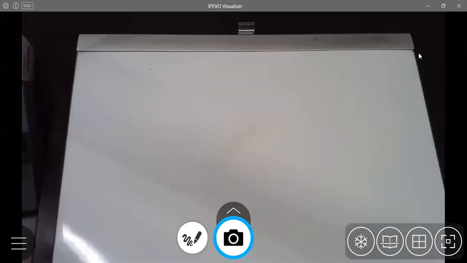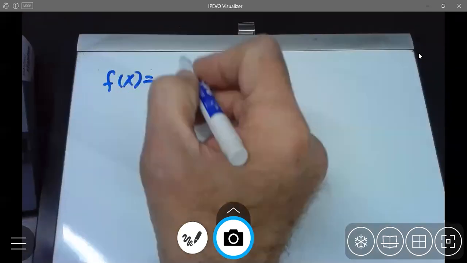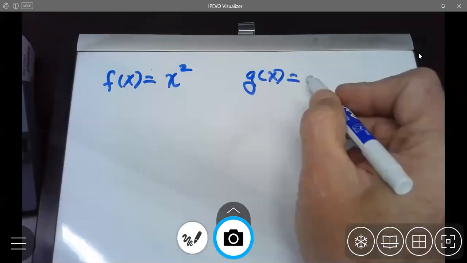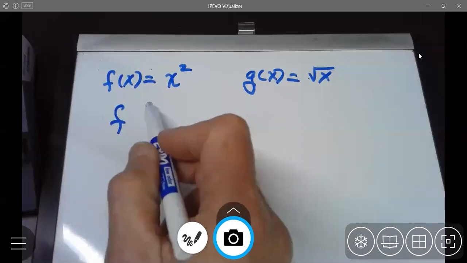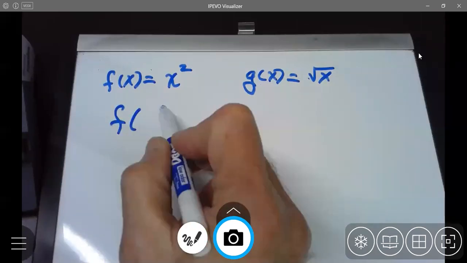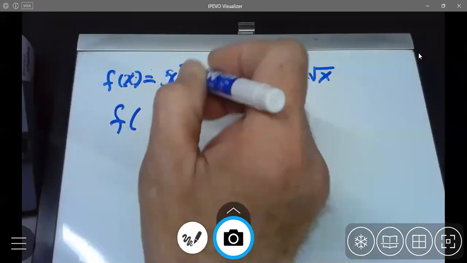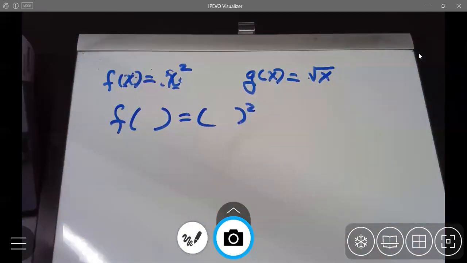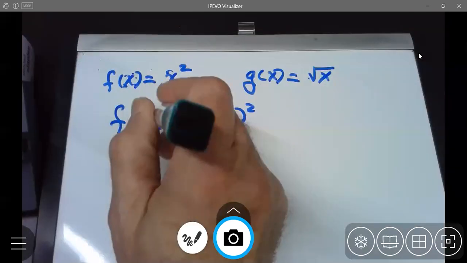So in other words, let's say f of x is equal to x squared, and g of x is equal to the square root of x. If we write this as f of g of x, it's like we cut the x out and put parentheses. So this would be parentheses squared. And then we insert the g of x inside of that.